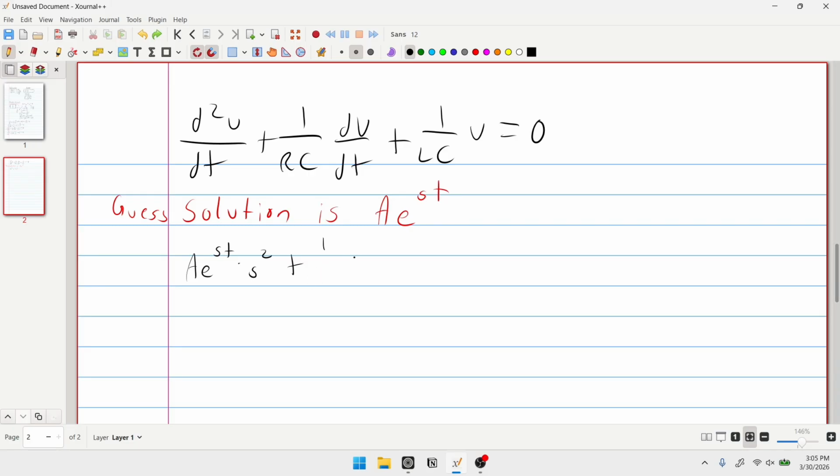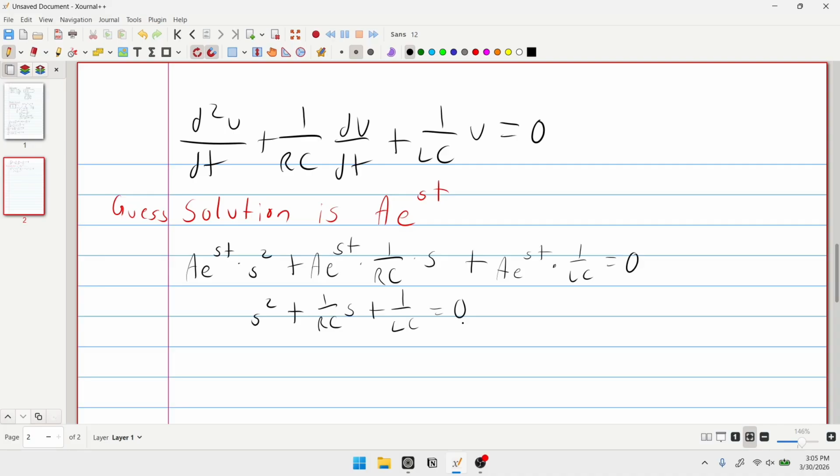Oh, let me actually just put a e^(st) times 1 over RC times s, plus a e^(st) times 1 over LC, right, equals 0. And so if we divide both sides by e^(st), we can simplify this to s squared plus 1 over RC s plus 1 over LC equals 0.